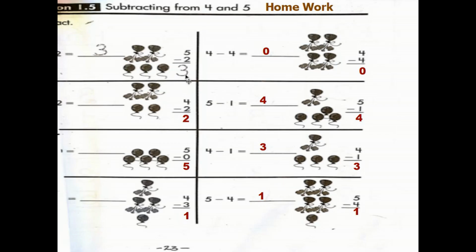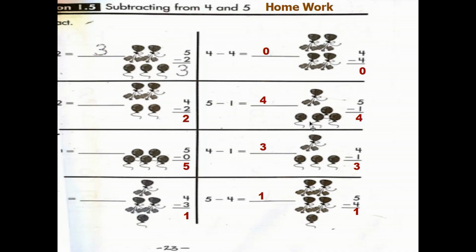It will be 3. Here you have 4 balloons. If you subtract 4 out of 4, how many will remain? 0. And here you have 4 balloons. If 2 balloons explode, how many are left? 2.